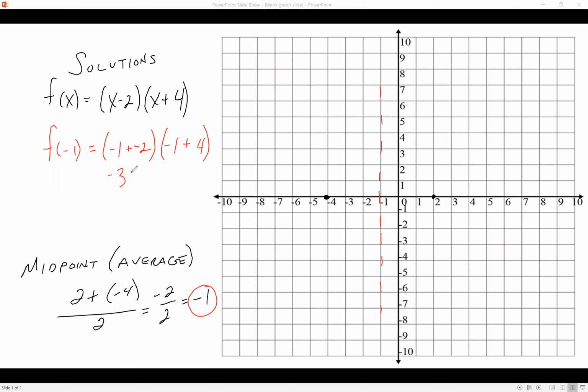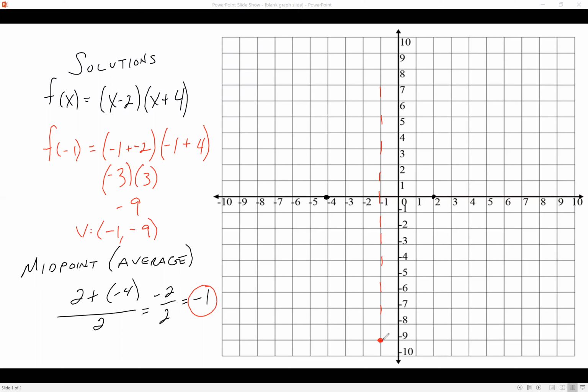That's negative 3. Negative 1 plus 4 is positive 3. So what does that tell me? The y value of my vertex is negative 9. The x value was negative 1 because that's what I plugged in, and I got negative 9. So my vertex can be way down here, okay, at negative 9.